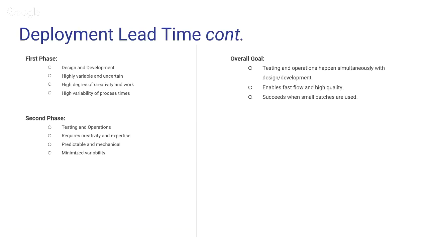And the second phase is testing and operations. It requires creativity and expertise, it's predictable and mechanical, and variability is minimized. The goal overall is to have testing and operations occur simultaneously in the design and development process. It'll enable fast flow of high quality, and it will succeed mostly when small batches are used.